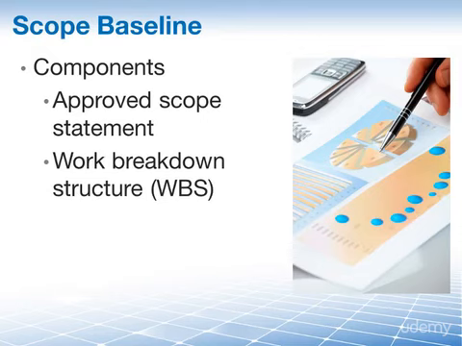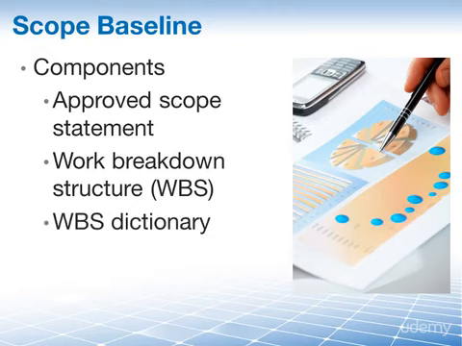We created the work breakdown structure, the WBS, but we also created component number 3. We created the WBS dictionary. So in essence, the work breakdown structure, the WBS, and the WBS dictionary are created in this process as outputs, but since they are components of our scope baseline, the complete finished scope baseline is now our output.